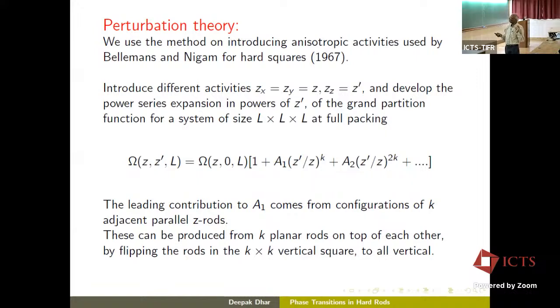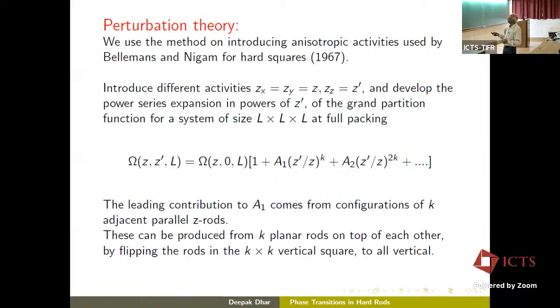It is the number of ways of covering the full stuff with weight z and z prime. This problem is soluble if z prime is 0, because then you just cover each layer; there are no vertical rods. And so omega z prime is omega z0L, and then you write a perturbation theory in z prime.